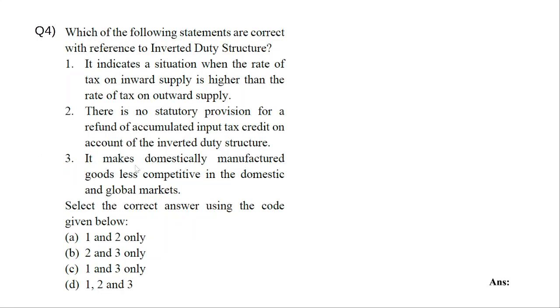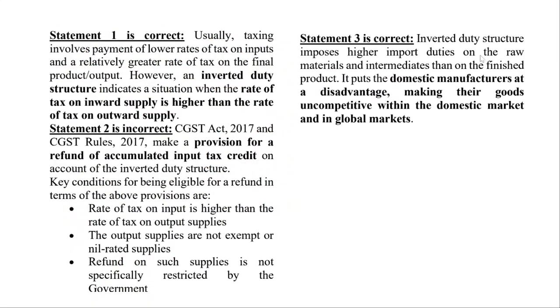So it makes domestically manufactured goods less competitive. The inverted duty structure imposes higher import duties on the raw material. In this case, iron ore, we have many iron ores in India. But if you look at semiconductor chips, this was frequently in use. Because we don't have some of the materials to manufacture these chips, most of the material we import from China, etc. So in the inverted duty structure, there is a higher tax rate on the raw material, but the final manufactured product has a lower tax rate.